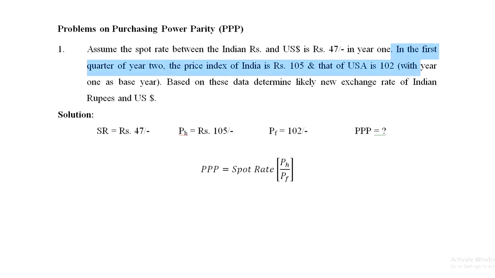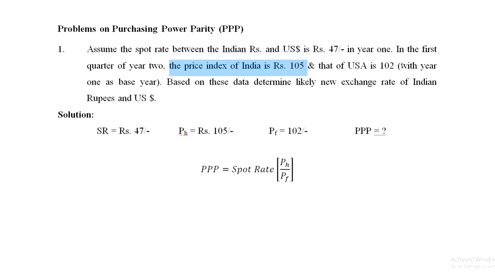In the first quarter of year 2, which means this is the second year and first quarter, the price index of India is 105 and that of the USA is 102, with year 1 as base year. So here the first quarter price is 105 and in the US it is 102, he says.